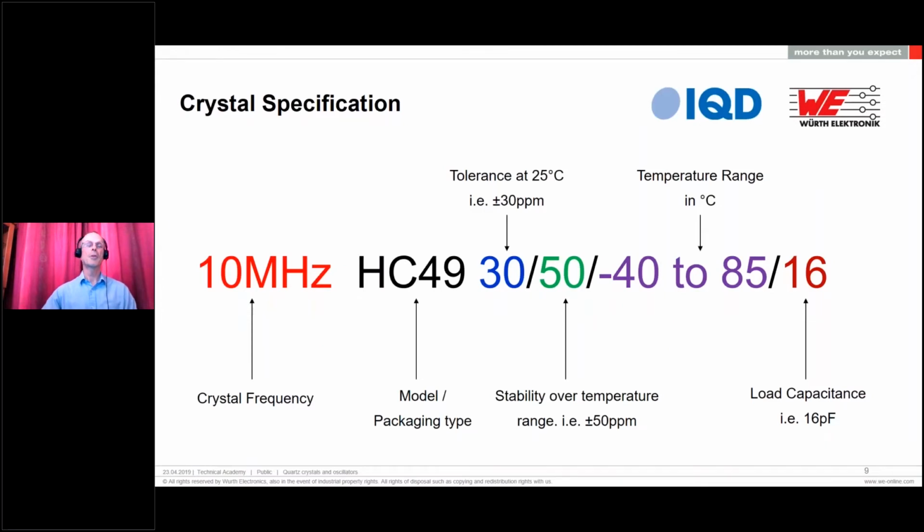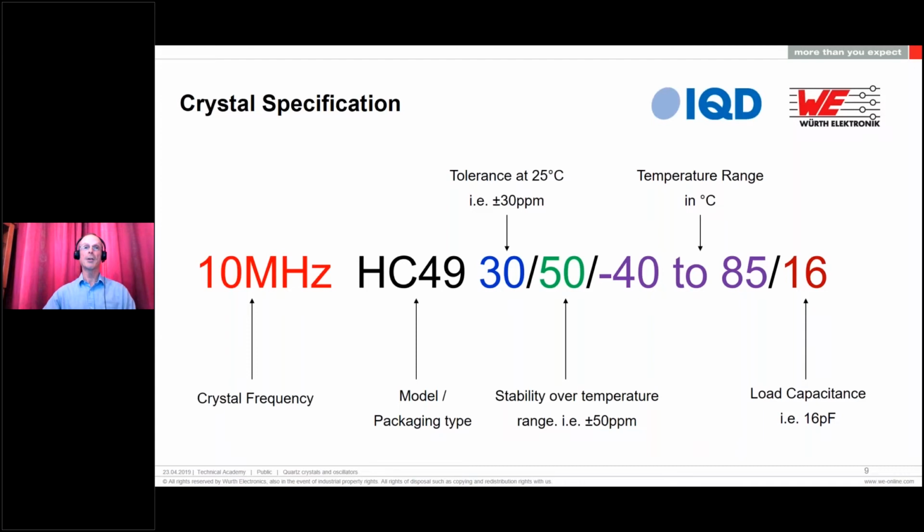This little diagram gives you a rough outline of how the specification would look on paper. So again, we have the frequency, in this example, 10 megahertz. We have a package type, HC49, and we then come to the electrical spec. The first figure is the frequency tolerance. So in this case, the 30 means plus or minus 30 ppm, ppm being short for parts per million.